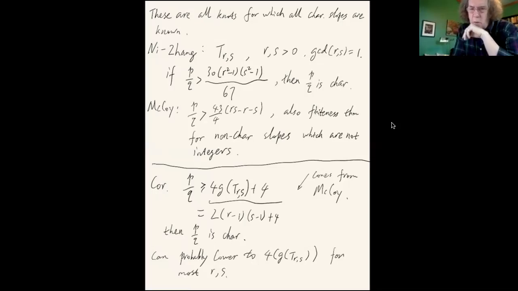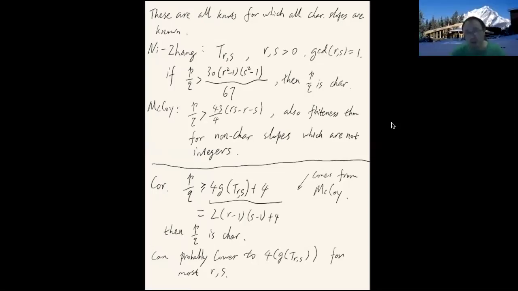Well, we do know for some R, S, 4g plus 1 is not characterizing. So for some R, S you cannot lower to 4g. You can only hope that for most R, S you can lower this.